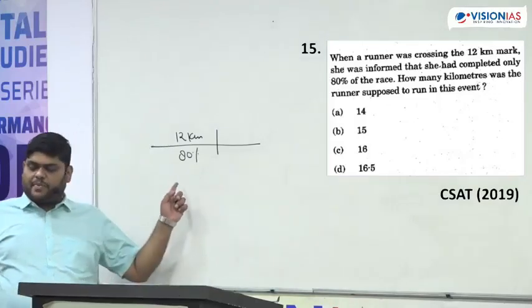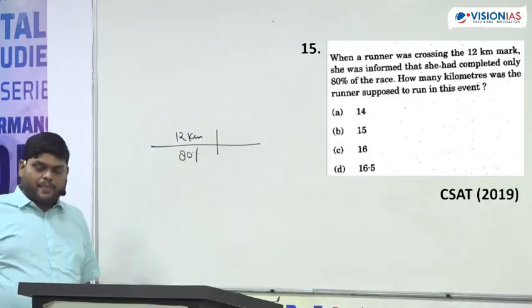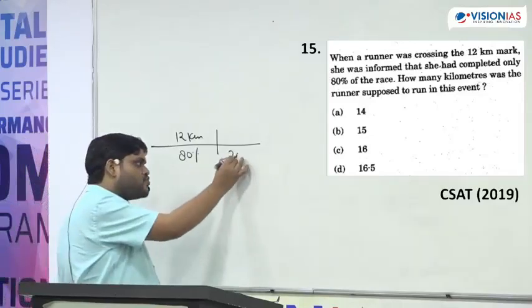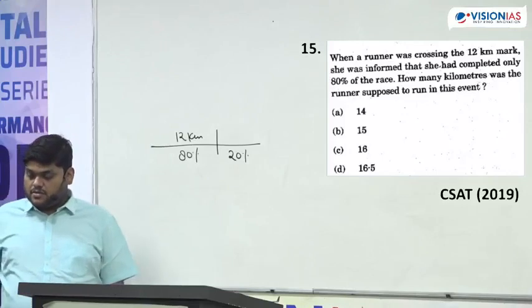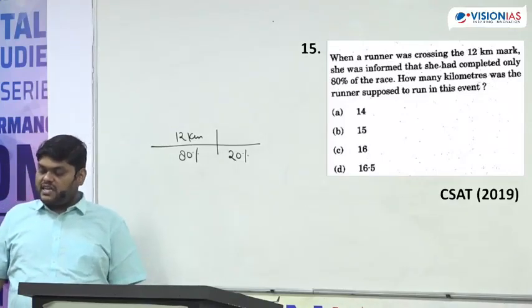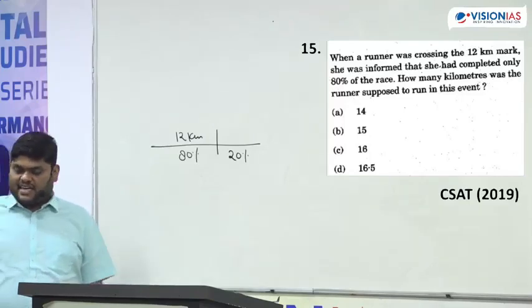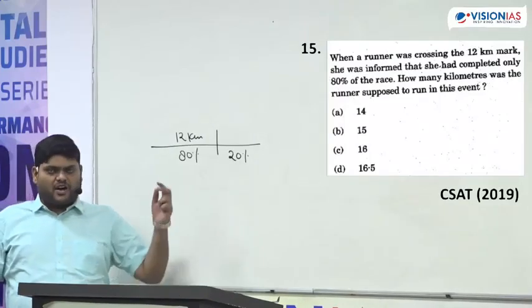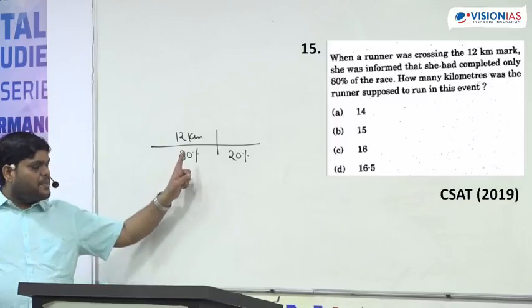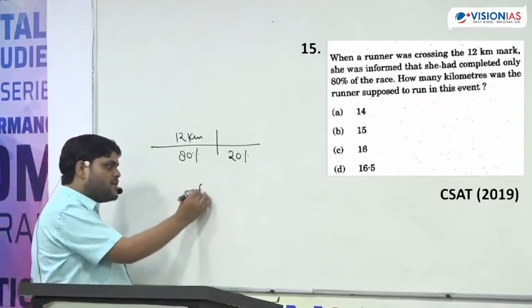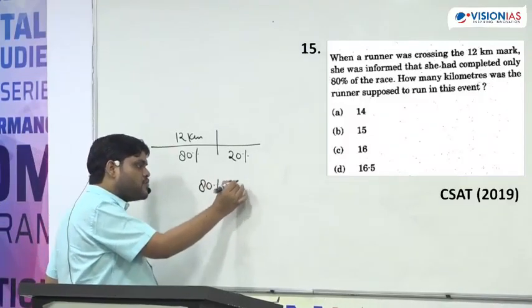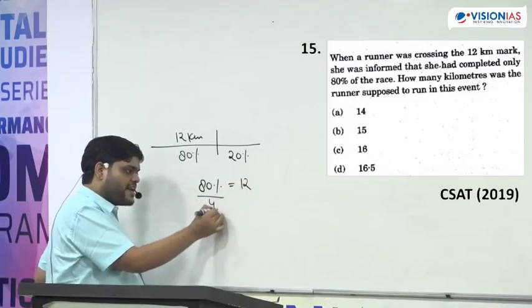So when 80% of the distance is covered, that means that person has to cover 20% more. Okay, a student has given 15 as a right answer. Yes, great. So many of you have given 15 as a right answer. That means 20% more distance the person has to cover. So if 80% is equal to 12, we divide both sides by 4.